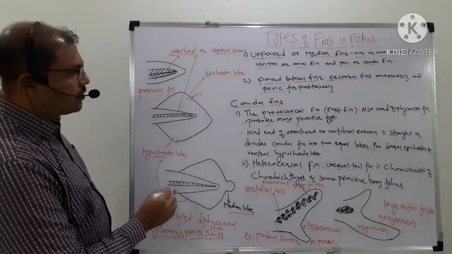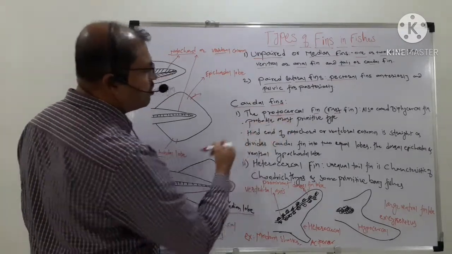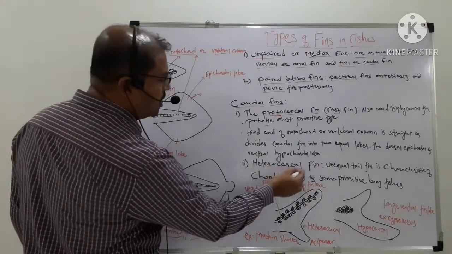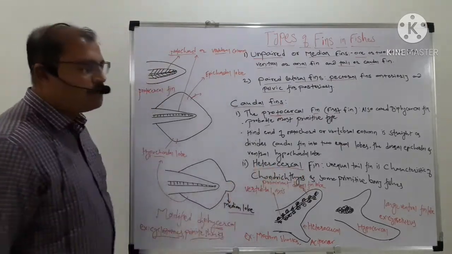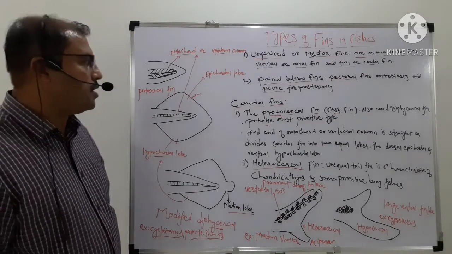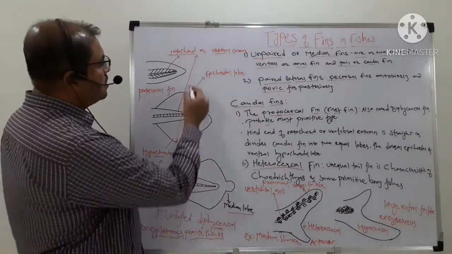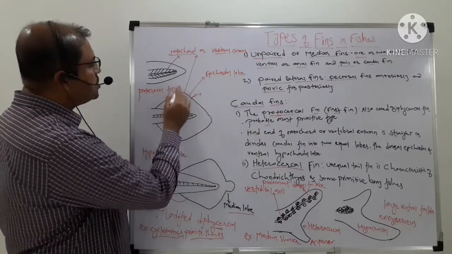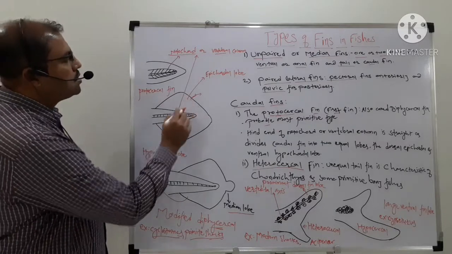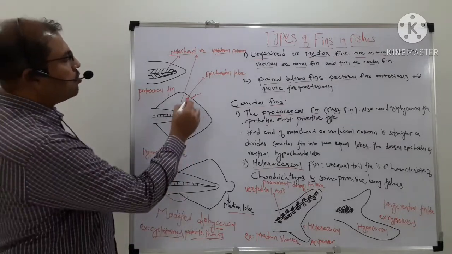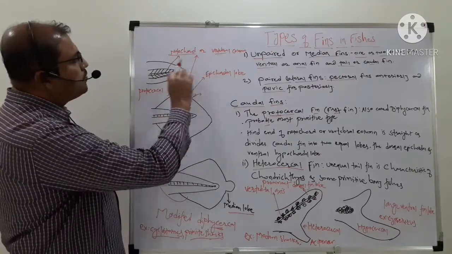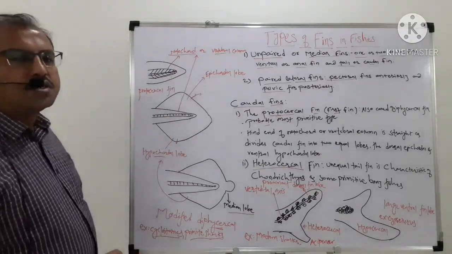The first type is the protocercal or diphycercal fin, the second is the heterocercal fin, and the third is the homocercal fin. These figures indicate the protocercal fin, in which the epicaudal lobe as well as the hypocaudal lobe are somewhat elongated and continuous from the notochord.